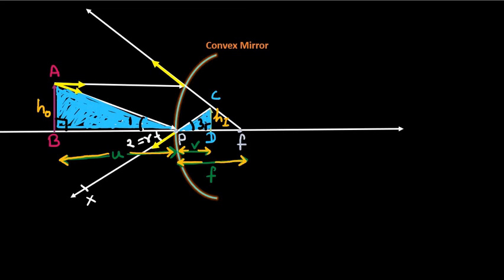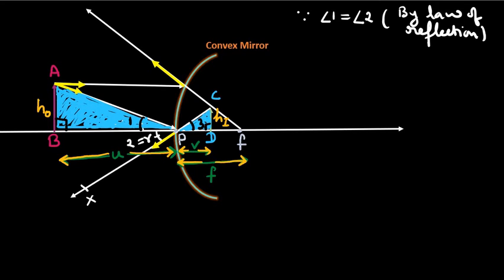Now we will start from there. Since angle 1 is equal to angle 2, this is by law of reflection: the angle of incidence is equal to the angle of reflection.